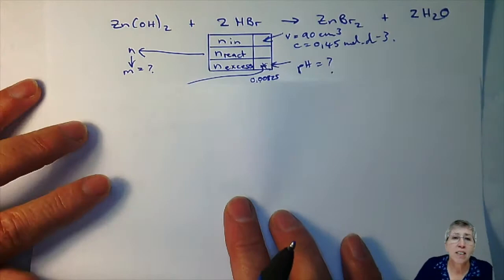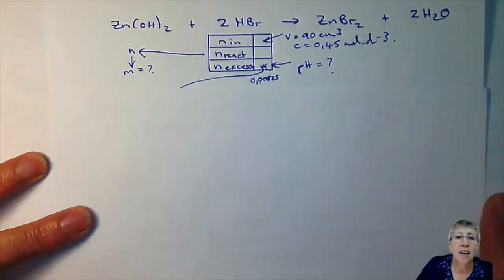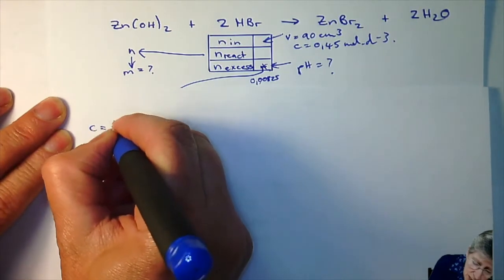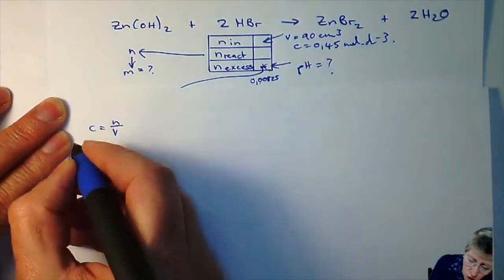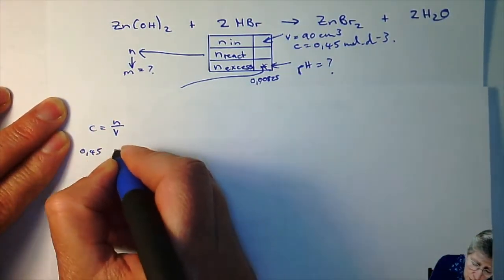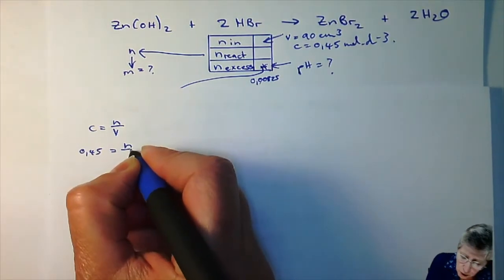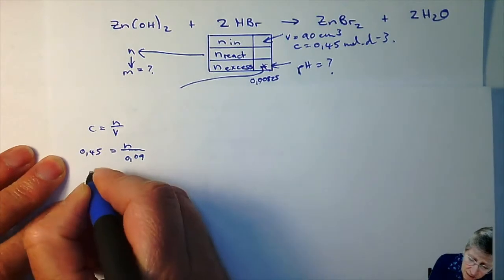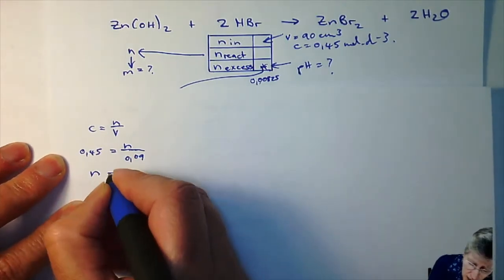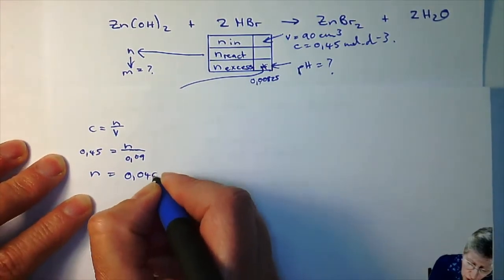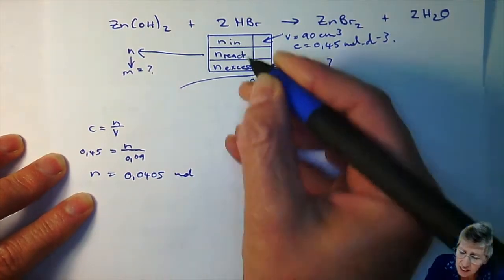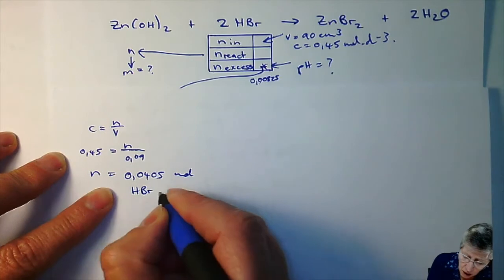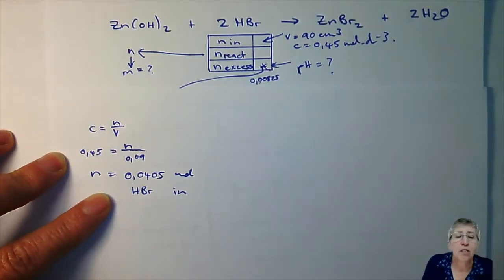Right, so let's start over there and say, okay, I'm working with C equals n over V. I have a concentration of 0.45 and the volume over there was 0.09. And that tells me moles over there, 0.0405 moles, and that is now of the HBr that I've put into the reaction.